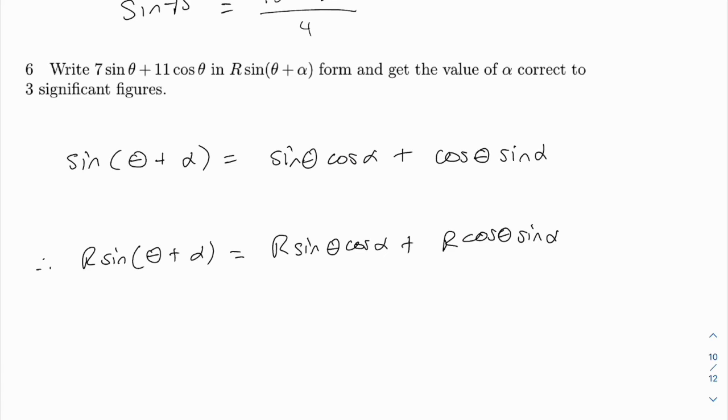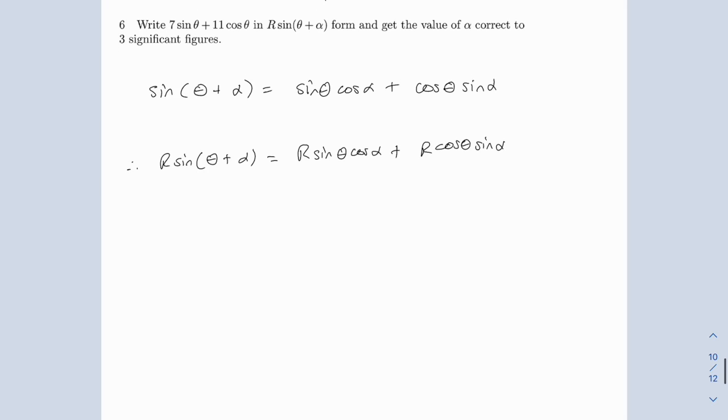How do we get r? Right, so r, if you recall the formula, r is going to equal the square root of 7 squared plus 11 squared.